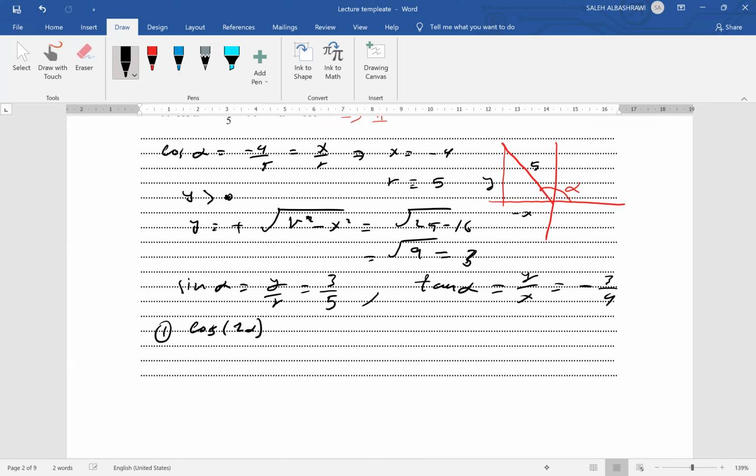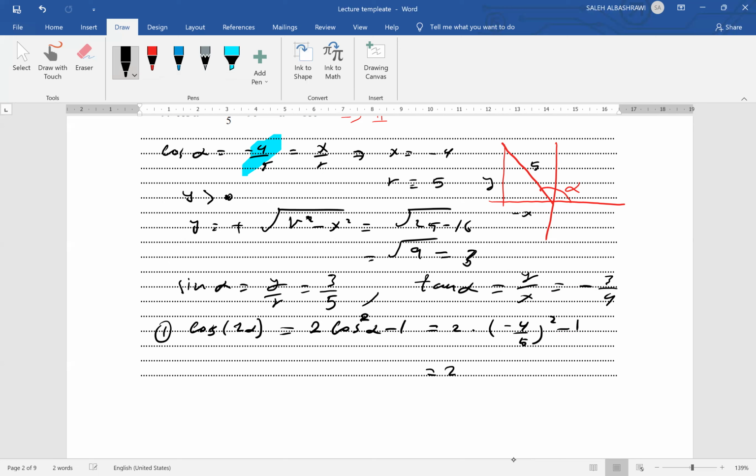So number 1, cosine 2 alpha, which is equal to, I will use this identity, 2 cosine square alpha minus 1, which is 2 multiplied by cosine alpha, given to be minus 4 over 5, squared, minus 1.